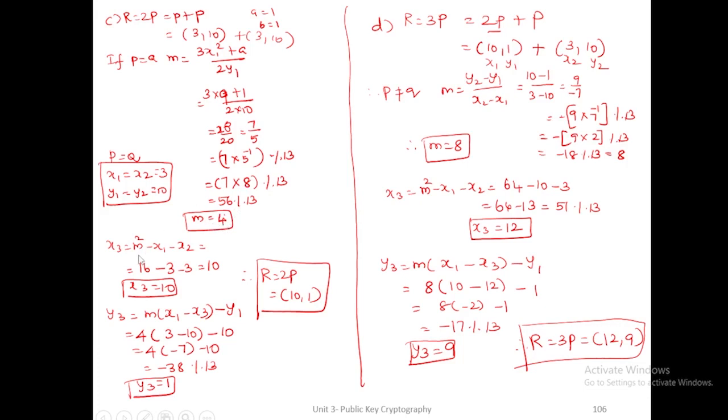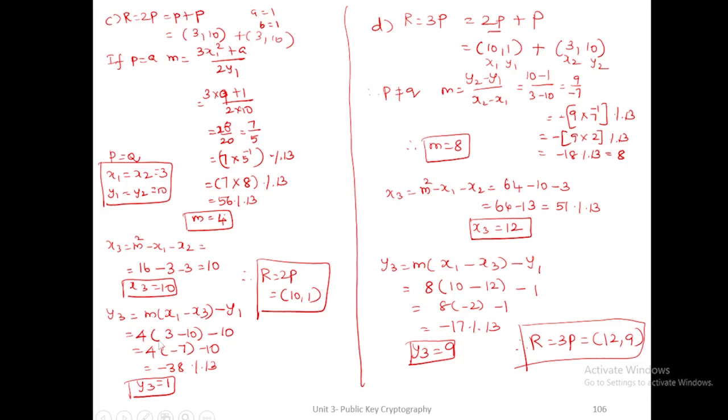You substitute these values at x3, y3. So x3 is equal to m squared minus x1 minus x2. Here x1 and x2 values are the same, that is the P value, x1 is 3, y1 is 10. So you substitute these values here: 16 minus 6 is 10, and 10 is less than 13. So x3 is 10. y3 is equal to m of (x1 minus x3) minus y1.